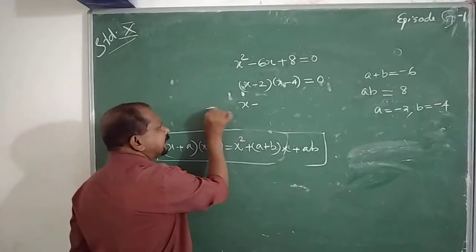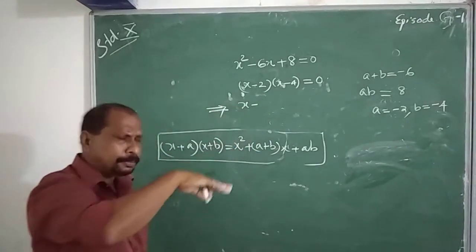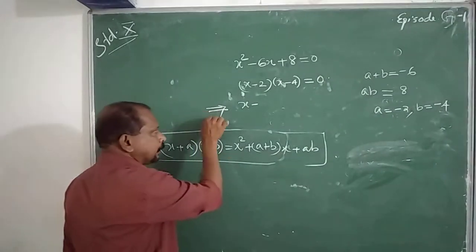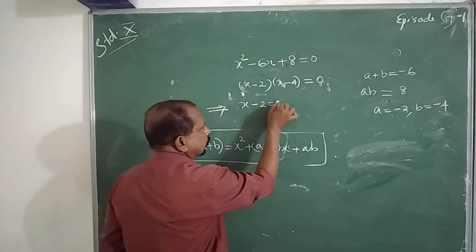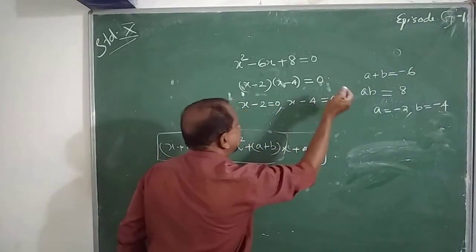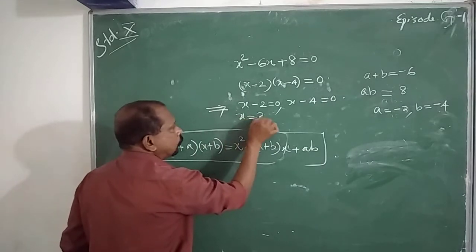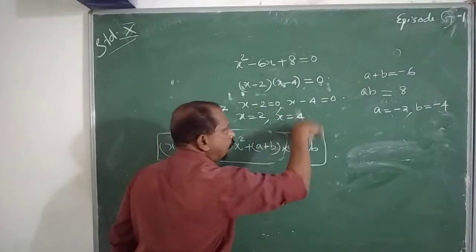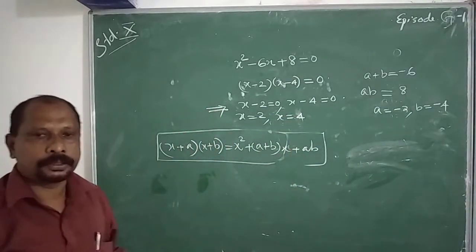Using this, we can find out the roots. It implies that x minus 2 is 0 and x minus 4 is equal to 0. Then x is equal to 2 and x is equal to 4 are the roots of that quadratic equation.